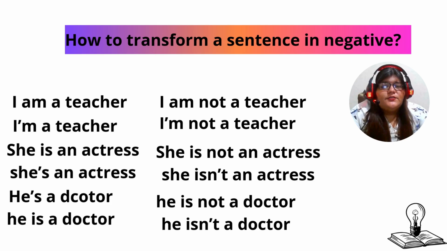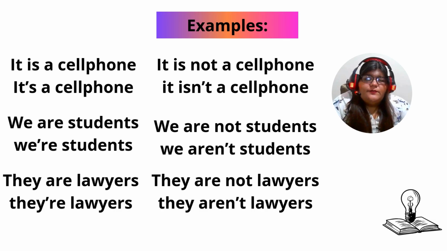This is another way to say not. She isn't an actress. Then we have he's a doctor. He's not a doctor. He isn't a doctor. In both ways, you can use the contraction in negative, not or isn't, depending on the subject.